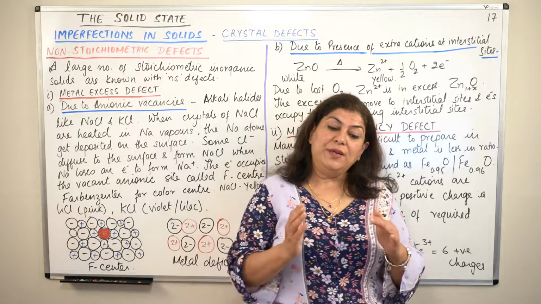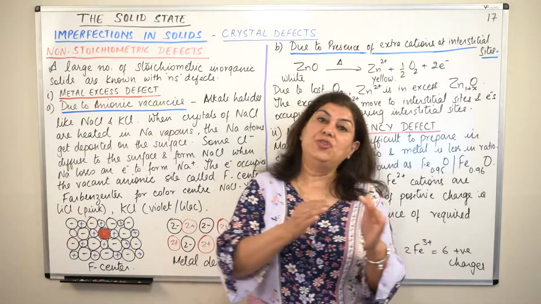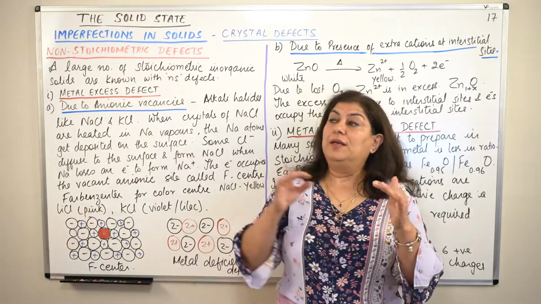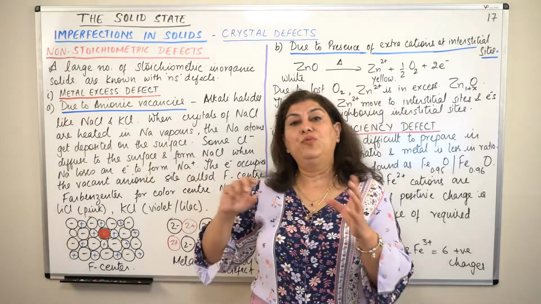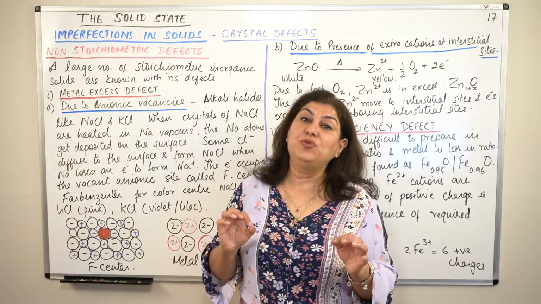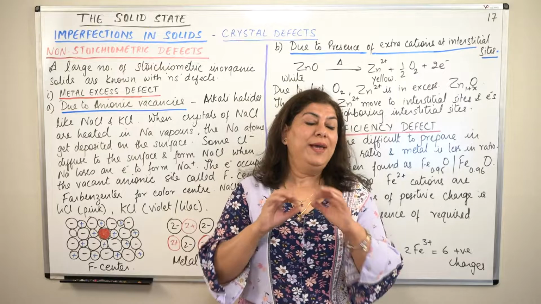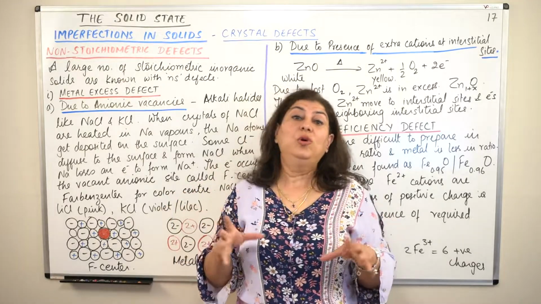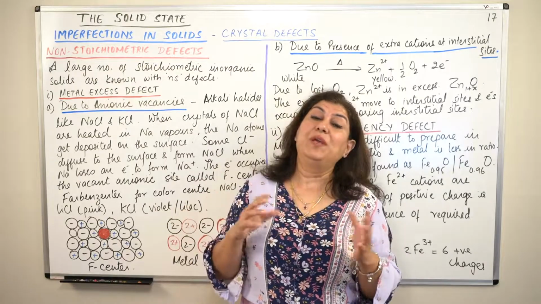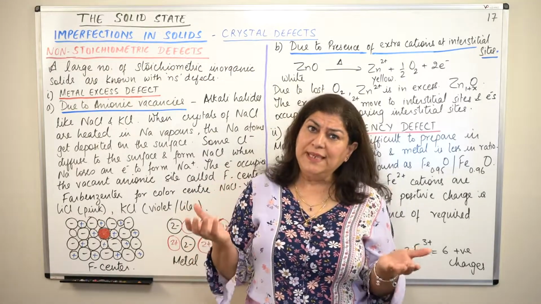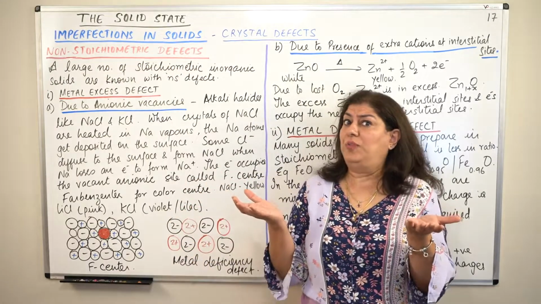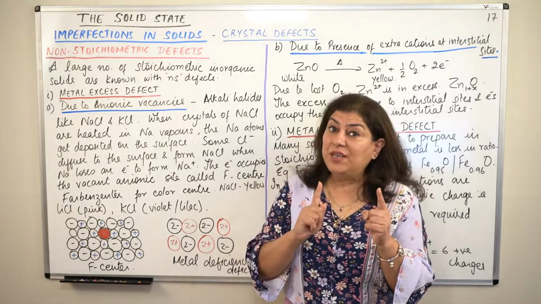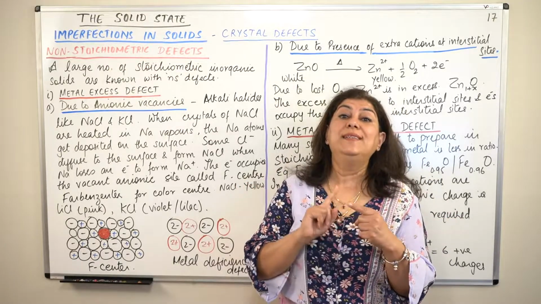Remember, whether there is stoichiometry or not, the crystal or the compound will always be electrically neutral. It will always have the same number of positive and negative charges, although the number of cations and anions may not be equal. Yet, the stoichiometry is not being maintained, but electrical neutrality is always maintained.